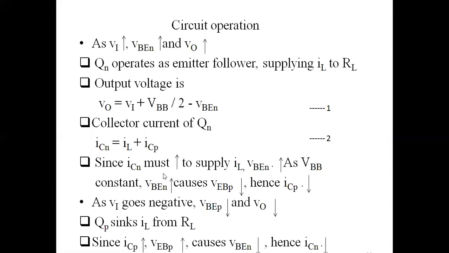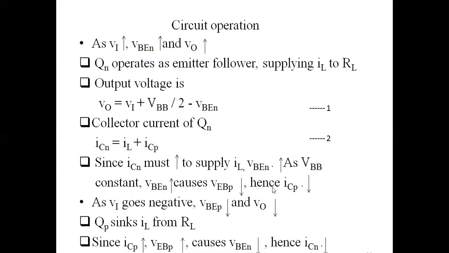The increase in VBEN of the first NPN transistor will result in an equal decrease in VEB, according to our transistor theory.